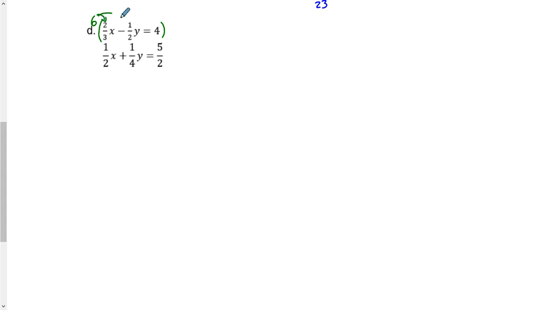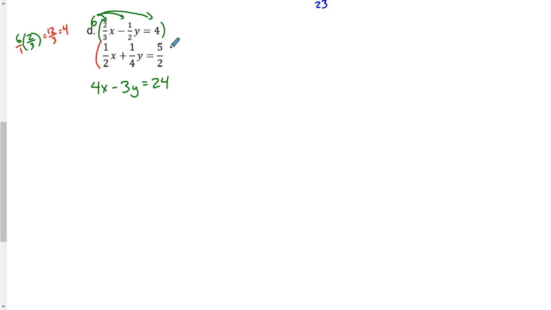If I distribute my 6 in, 6 by 2/3, again, just recalling those skills, 6 by 2/3, 12/3 is 4. Our fraction is going to be eliminated. We have 4x. 6 by 1/2, 3. 6 by 4, 24.